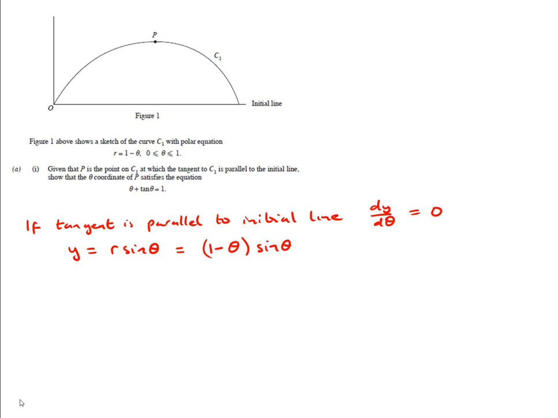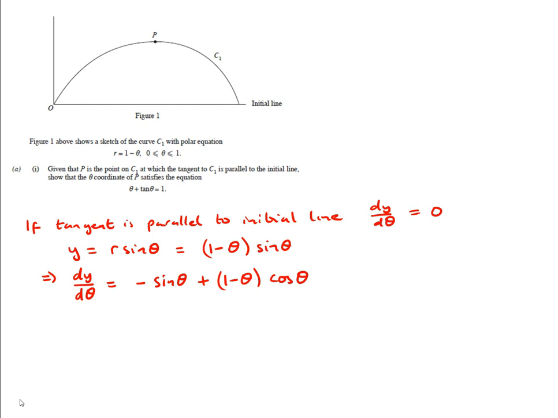If I use the product rule, differentiate 1 minus theta, I get minus 1. Leave the sine theta alone, so the first term is just minus 1 times sine theta, plus, then I need to leave the 1 minus theta alone and differentiate the sine theta, which gives me 1 minus theta cos theta. So there's the result of using the product rule to find dy by d theta.